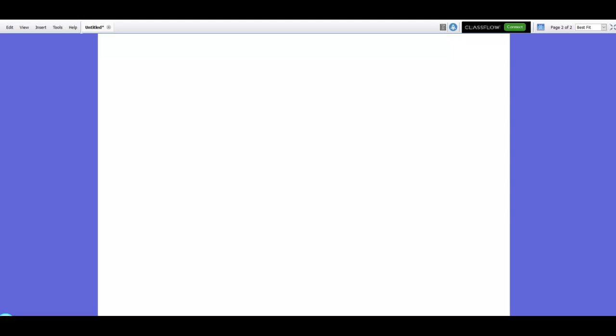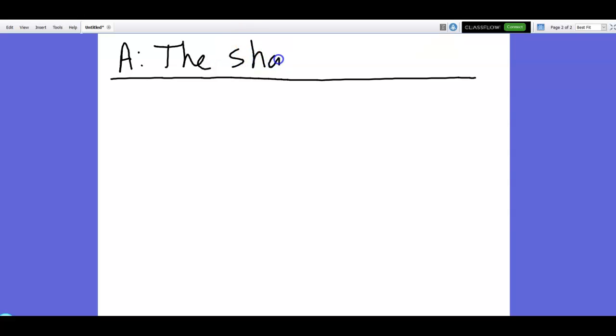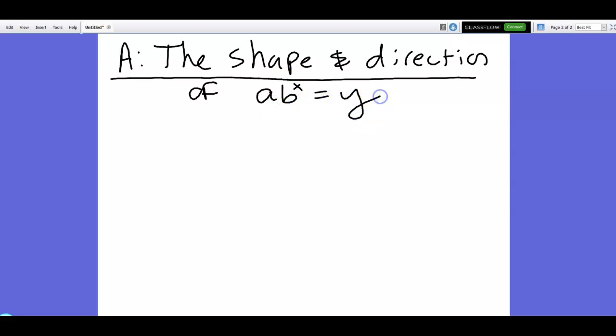So here's where you guys can actually start taking some notes here. Just be copying this stuff down in here. So here's what we've discussed so far. We've discussed that if b is greater than 1, the graph looks something like this, right?